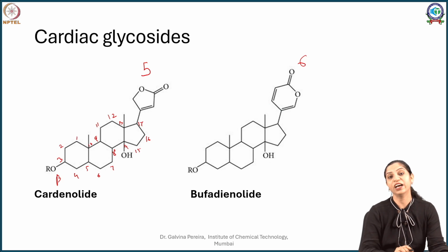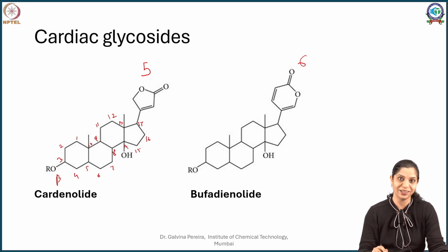In terms of occurrence, cardenolides are principally found in plant species, whereas bufadienolides have been found in plants as well as certain species of frogs or toads. So, they are also found in the animal kingdom.